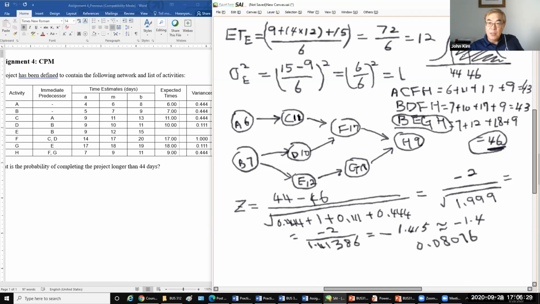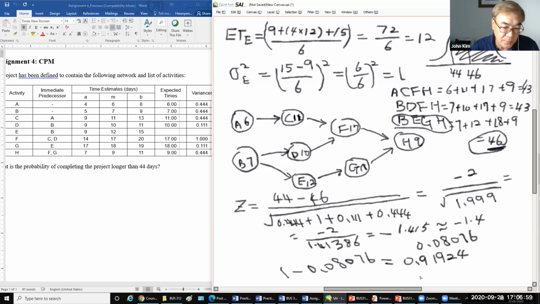So the right side area that is asked for is 1 minus the left side, 0.08076, which equals 0.91924. So the answer is 91.924%.